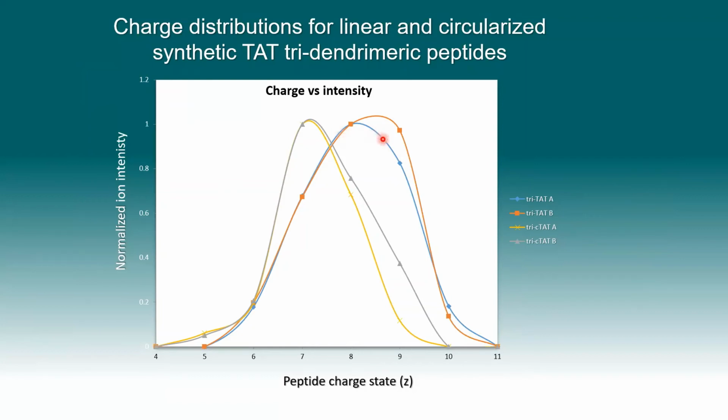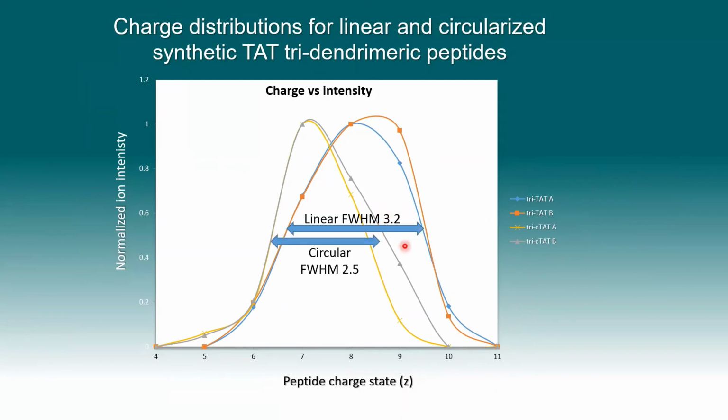cyclic and linear peptides. So the linear peptides are these 2 here, and the cyclic peptides are these 2 here. And we're plotting the normalized ion intensity against the peptide charge state. If we measure the full width half maximum for the linear peptides, we get this value of 3.2.